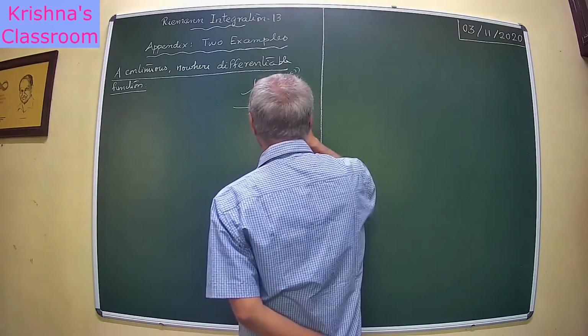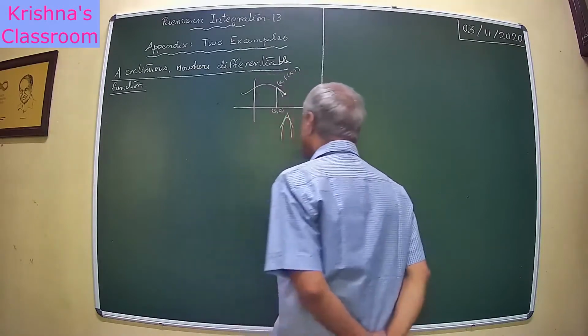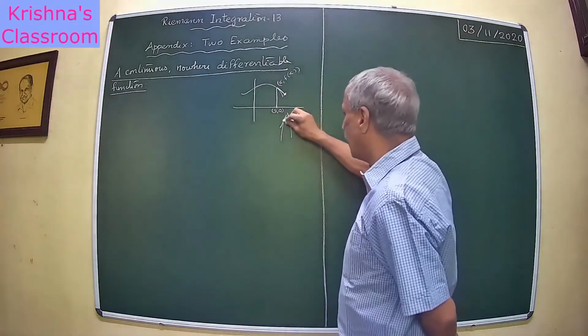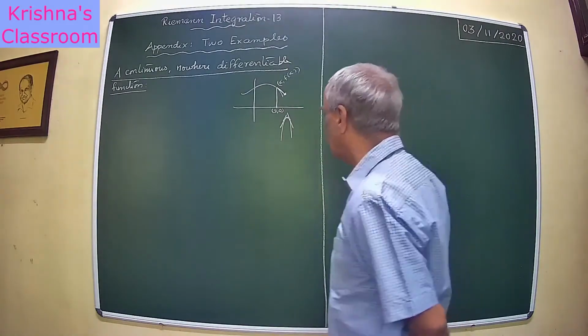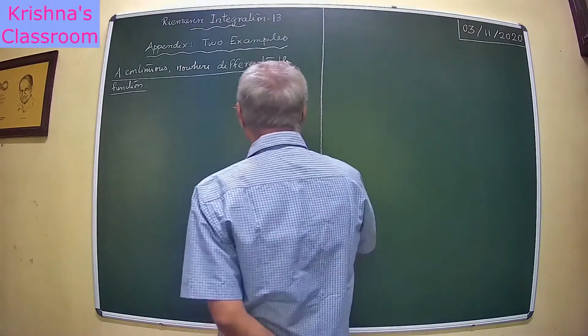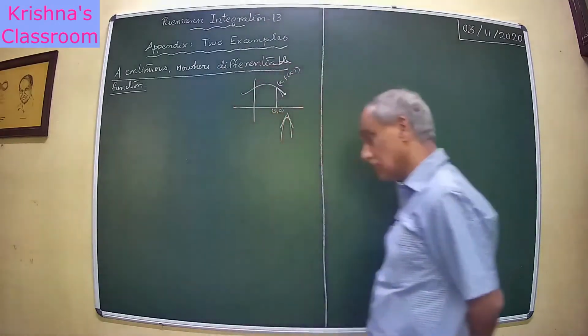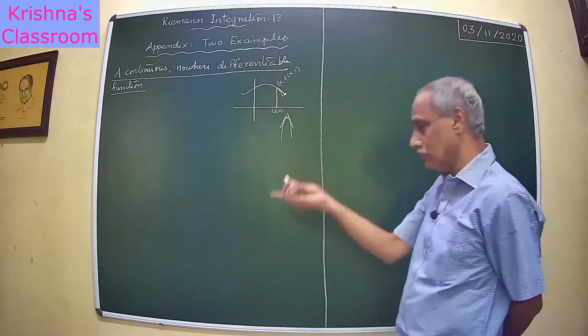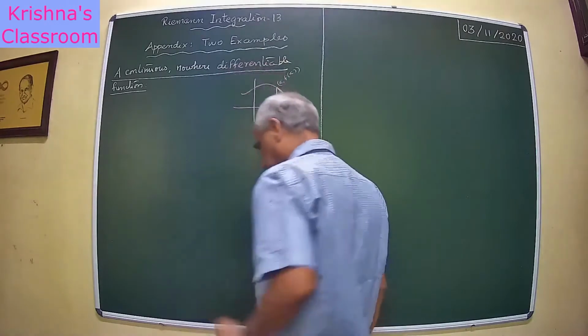Now you see that the tangent turns around completely, or the slope of the tangent will go from positive slope to negative slope. It just passes through 0 and then just changes sign very rapidly.